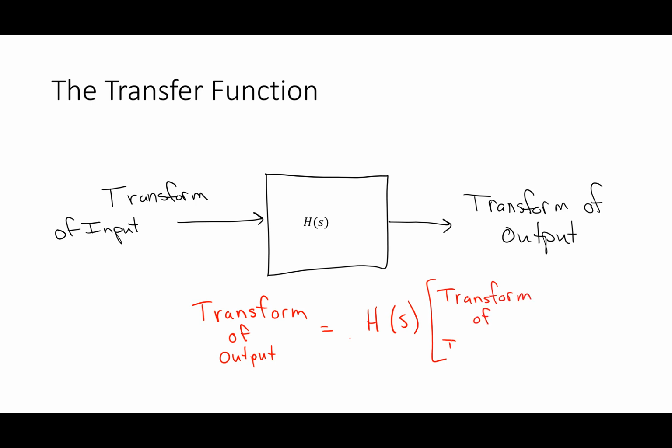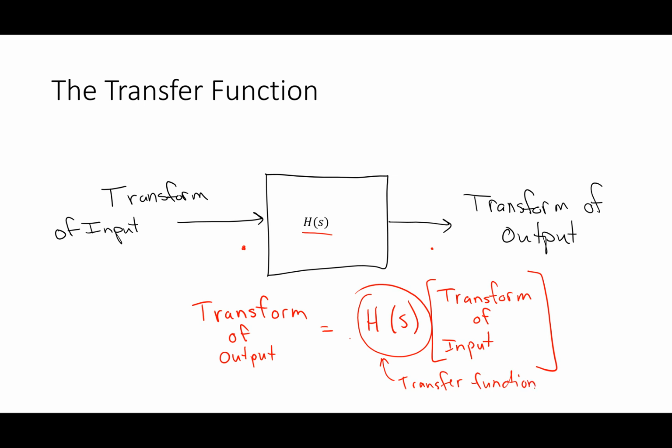We take the input here, multiply it by H of S to get the output. Transform of input, so we multiply those two together. This thing, H of S, is what we call the transfer function of the system.